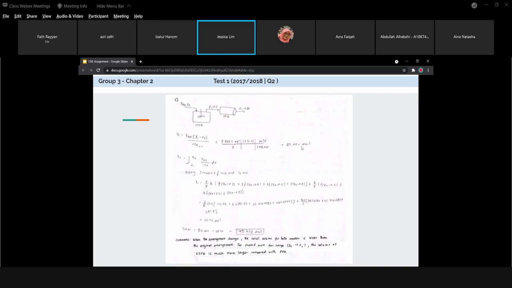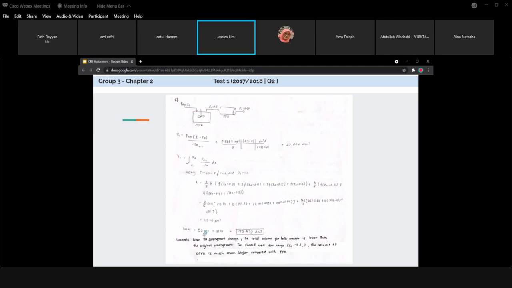We got the answer 52.002 dm³. And then for the second one, we will be calculating the area under the curve for PFR. Since there are 8 points, we use Simpson's 3/8 rule plus the 1/3 rule. So we substitute all the values and calculate, and we got 133.42 dm³.